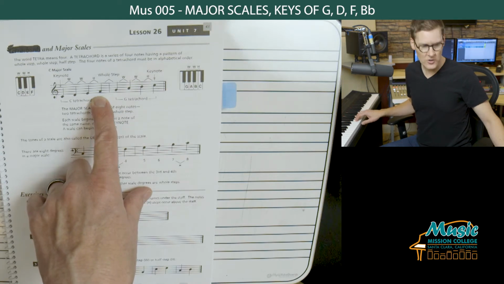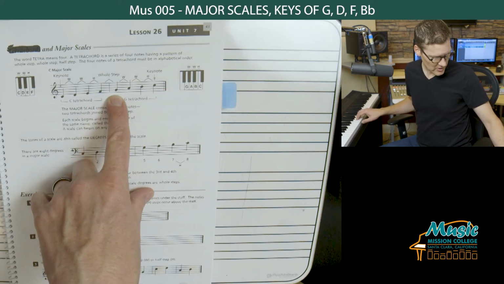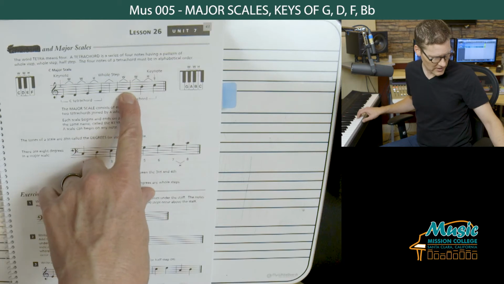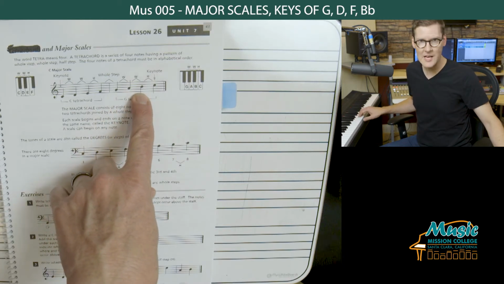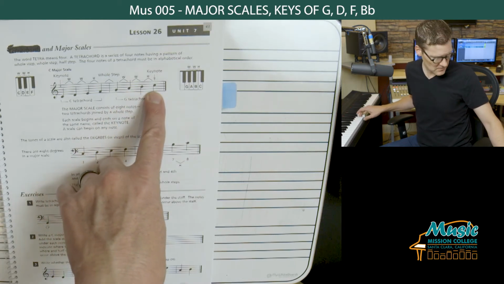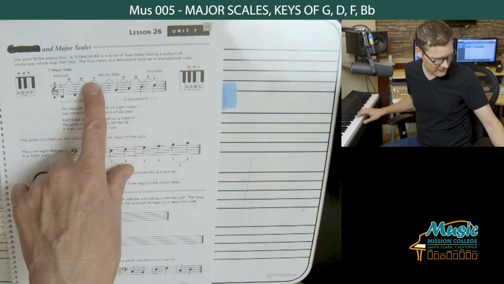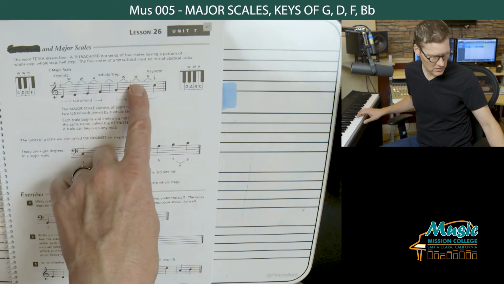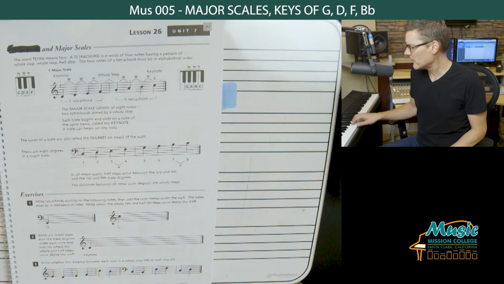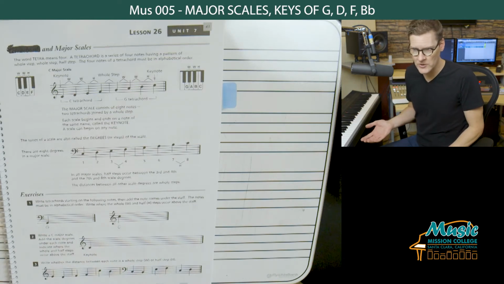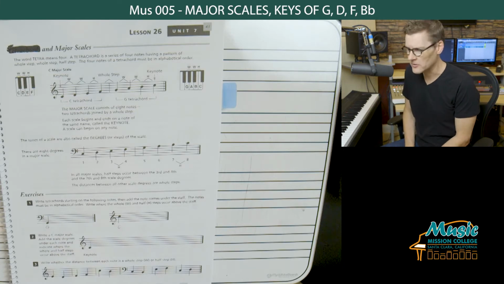From F to G is a whole step, another whole step, another whole step, and the last one is a half step. So we have whole, whole, half, whole, whole, whole, half. So that's a pattern of whole steps and half steps. And anytime you apply that pattern to a beginning note, it will always give you a major scale.